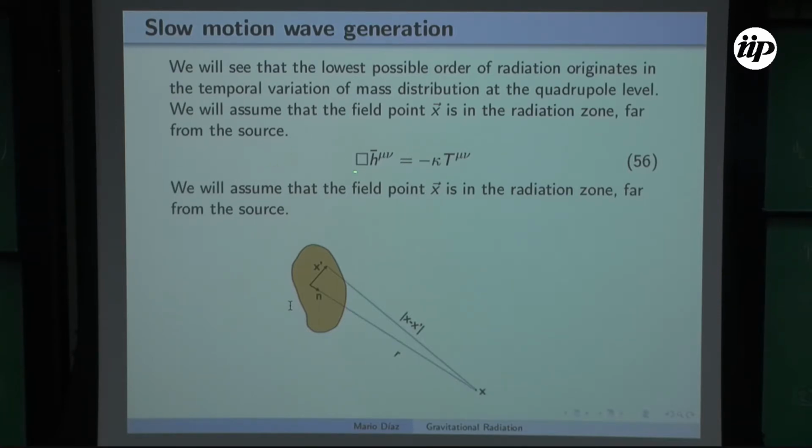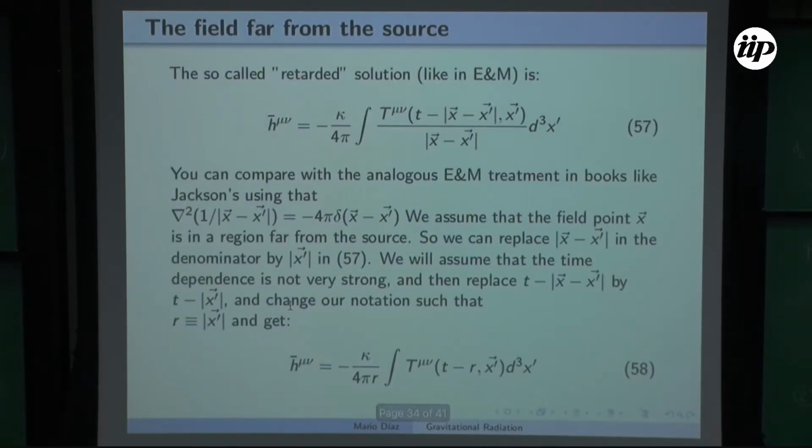Using the wave equation, the retarded solution, like the one we can construct in electromagnetism, can be written like this, and this is the energy momentum tensor. Now we use the Laplacian of this, essentially the Green function.